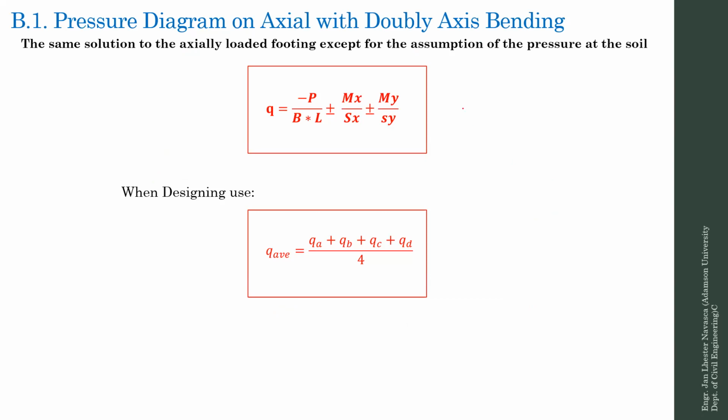So pwede tayong magkaroon ng, since we have bending in the X and the Y axis, so therefore, meron tayong four cases dito. Ito yung negative P over B times L, minus Mx over Sx, both minus, so all are compression.